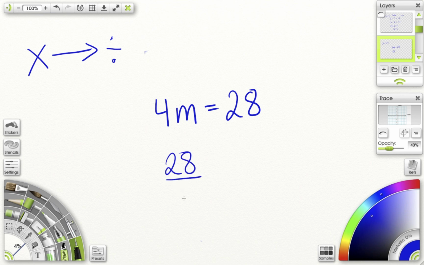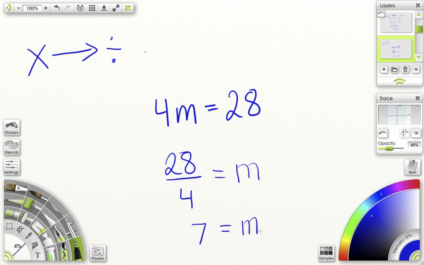So again, I'm just showing you this way, even though it looks like a fraction, just for the purposes of getting used to seeing it this way. So 28 divided by 4 is equal to whatever m is. I can punch that into a calculator and that gives me 7. So 7 is equal to m.